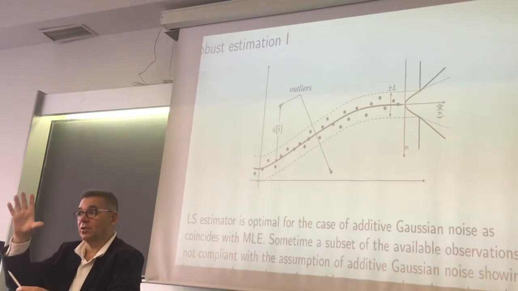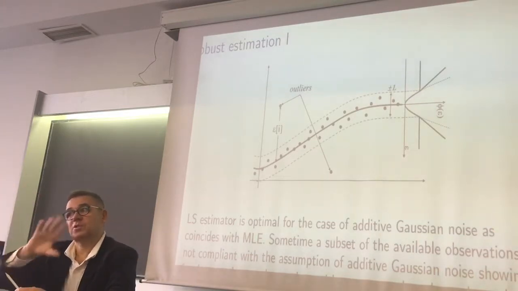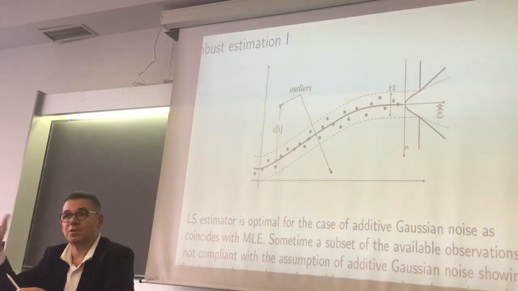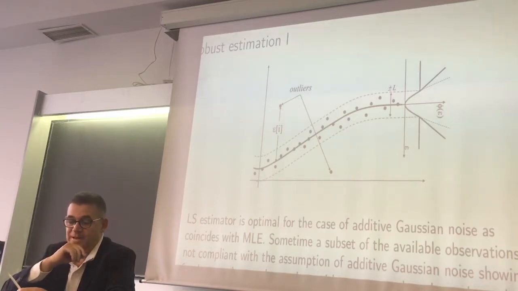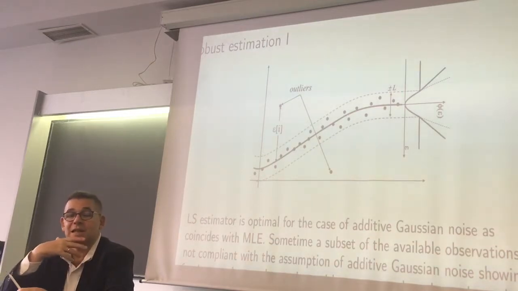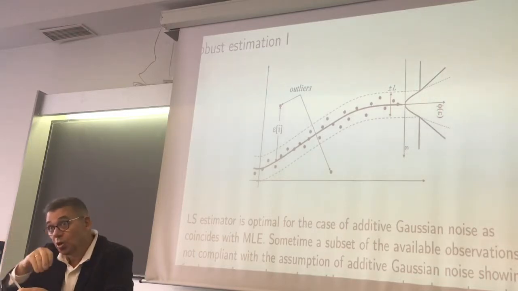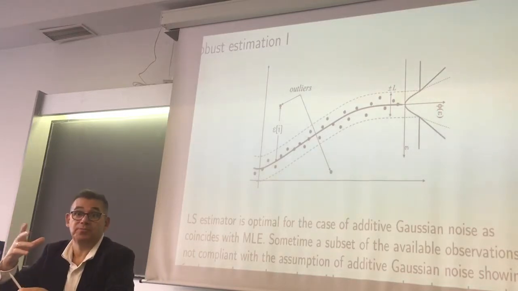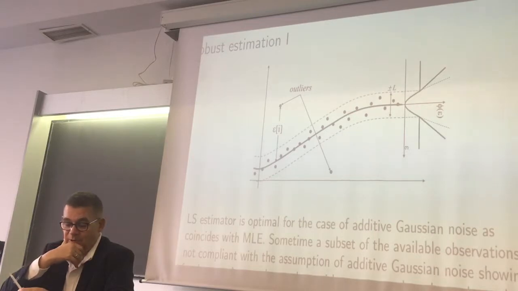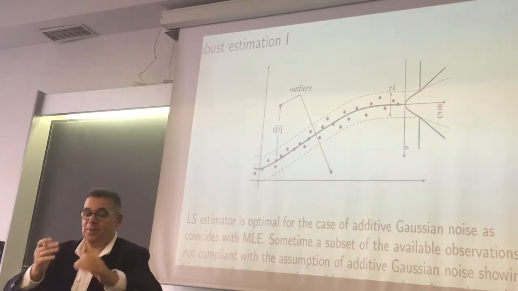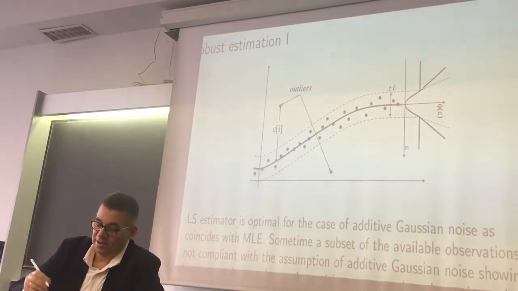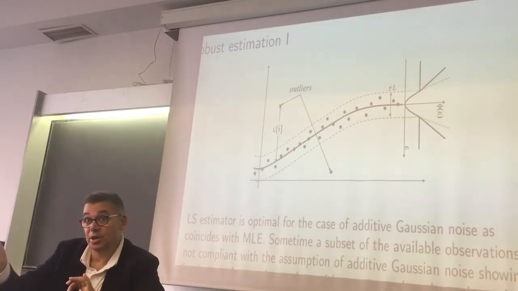So I take the error and I make a quadratic of the error, so the least square is the sum of the squares of the errors. This one is intrinsically optimal if the noise is Gaussian. So now there is a pairing between the noise model and the estimator.